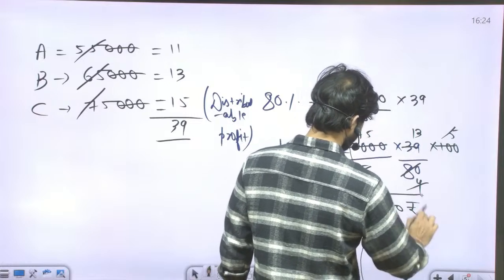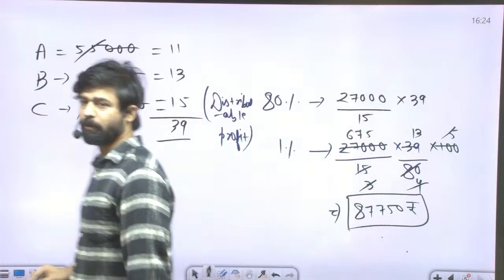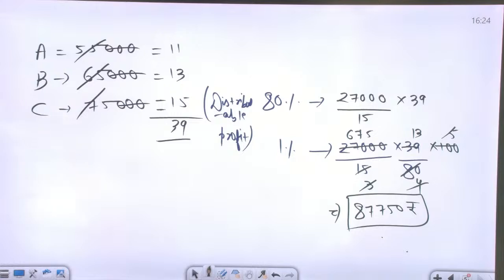So the total profit is 87,750 rupees. The question is from Delhi Police SI 2020, one of the quality questions. That's it, this is for today. Okay, all the best.